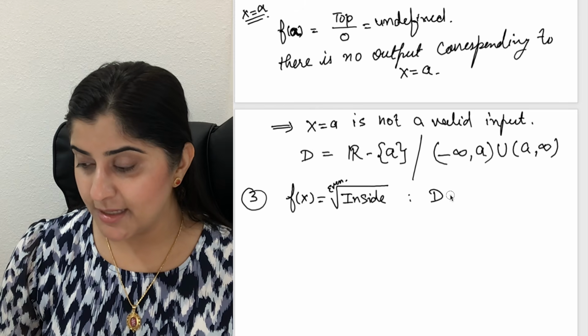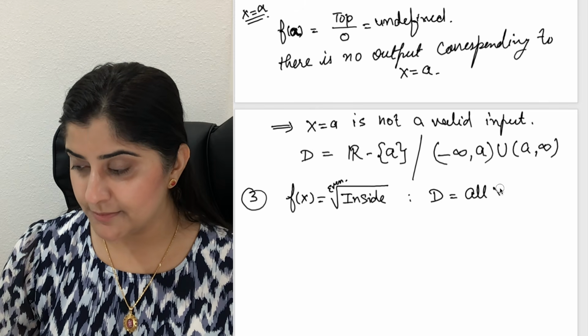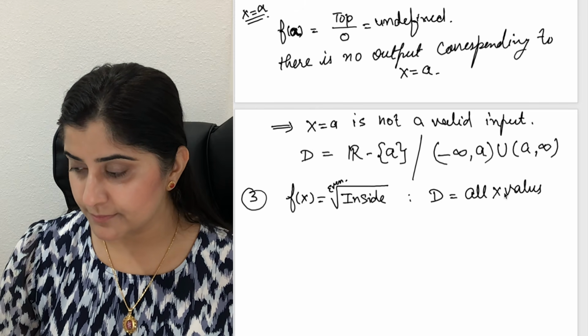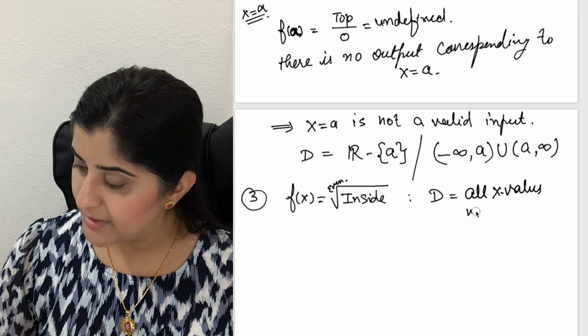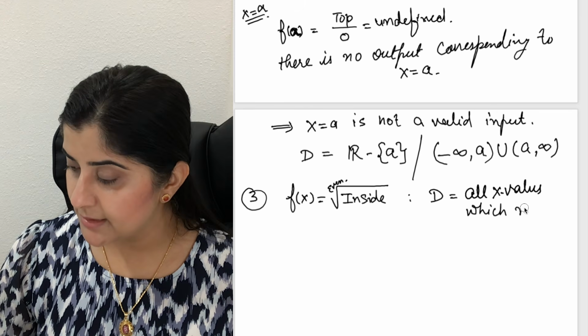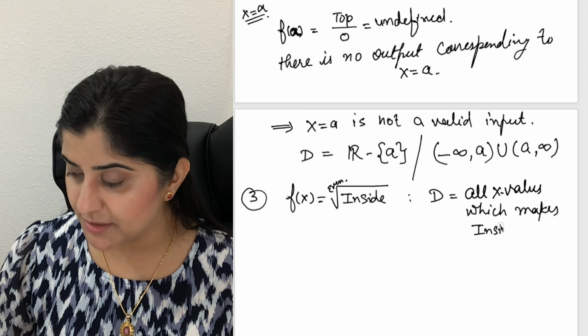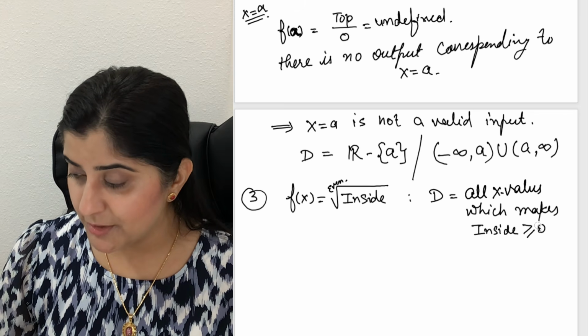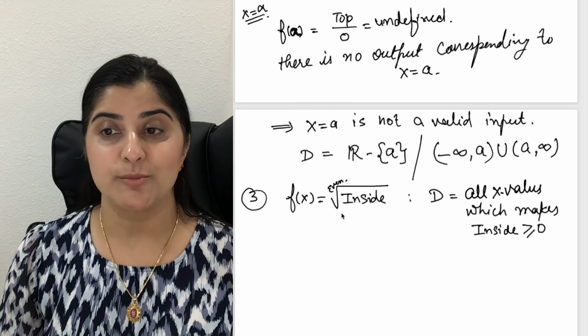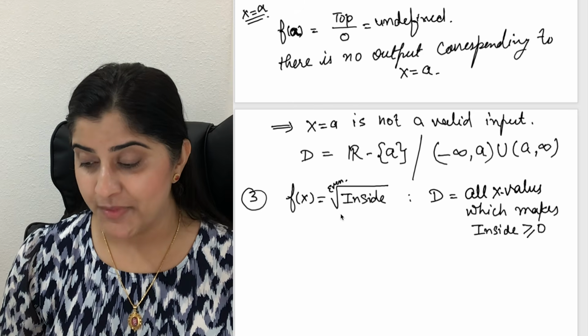So the domain is all x values which make this inside expression greater than or equal to 0. This inside expression has to be greater than or equal to 0.